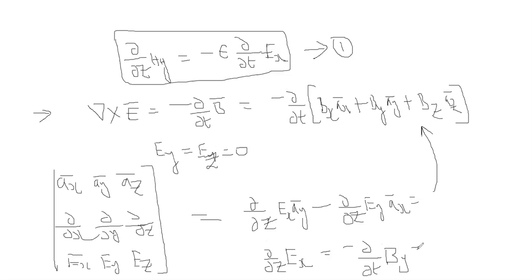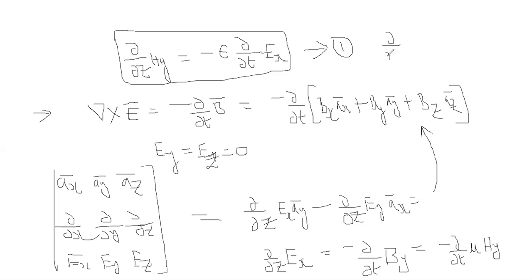And B in terms of mu and H, B is equal to mu into H, so minus dou by dou t of By is mu into Hy. I'm writing the second equation here.